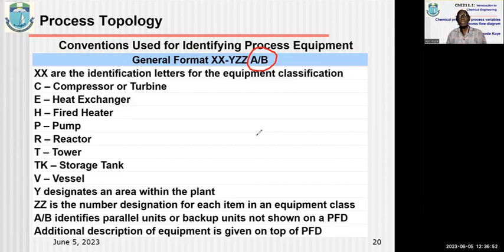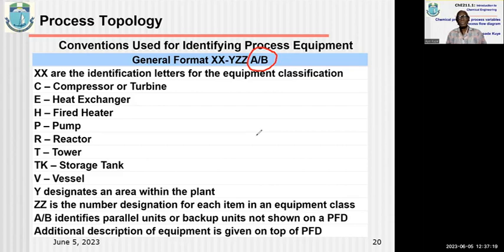This is usually done when you have a critical equipment that you can't afford to have downtime. That means you can't afford not to have that particular equipment operating. If it's not operating, then there will be a big problem. You need to shut down the whole process plant. So in such a case, you need to have a backup for it.